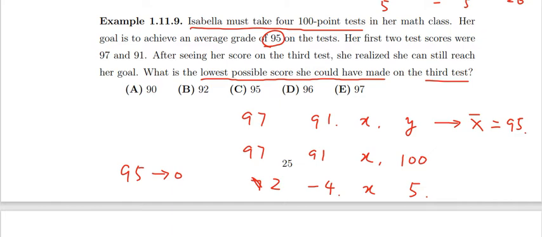So add them up to get 0. So we find that 3 plus x is 0. x can be negative 3. So x is negative 3, that means this x is 95 minus 3, which is 92.